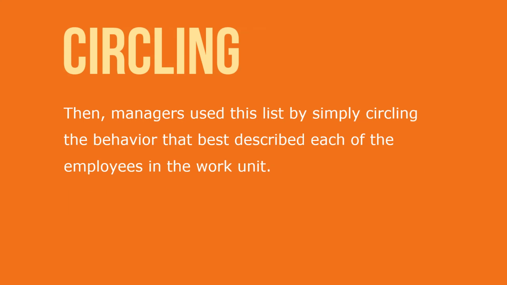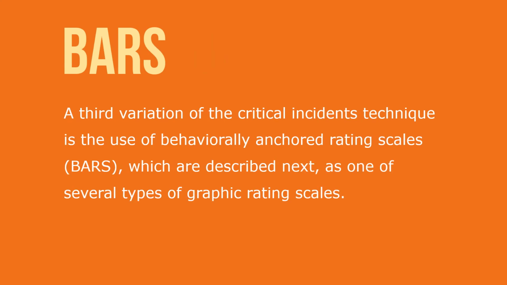In other words, this team was in charge of compiling critical incidents illustrating various performance levels for each competency. Then managers used this list by simply circling the behavior that best described the employees in the work unit. A third variation of the critical incident technique is the use of behaviorally anchored rating scales, known as BARS, which are described next as one of several types of graphic rating scales.